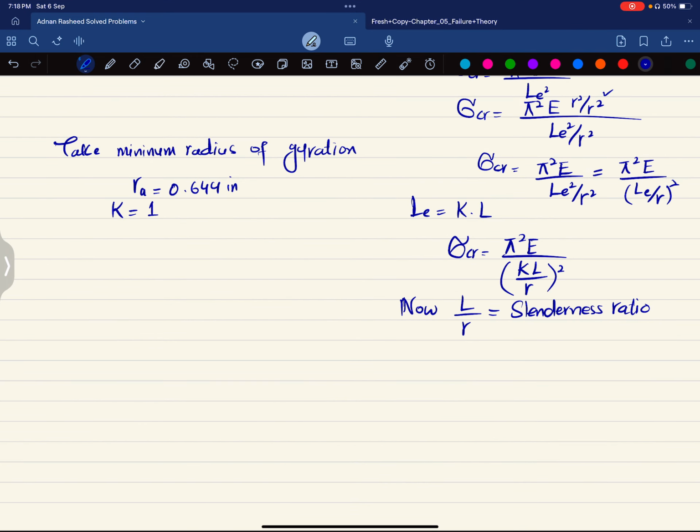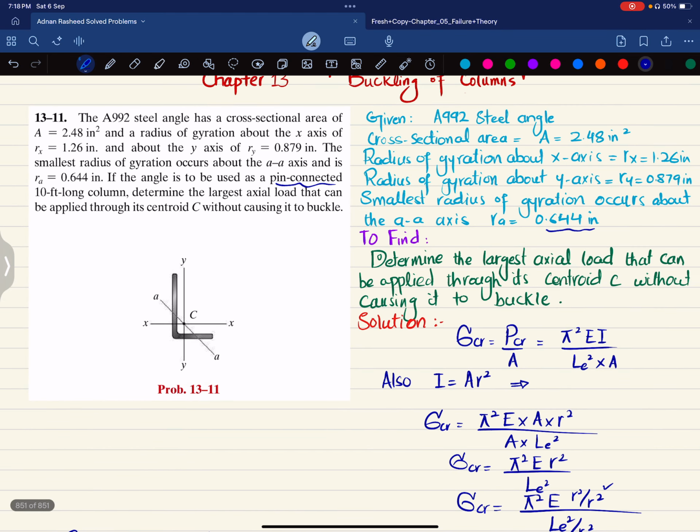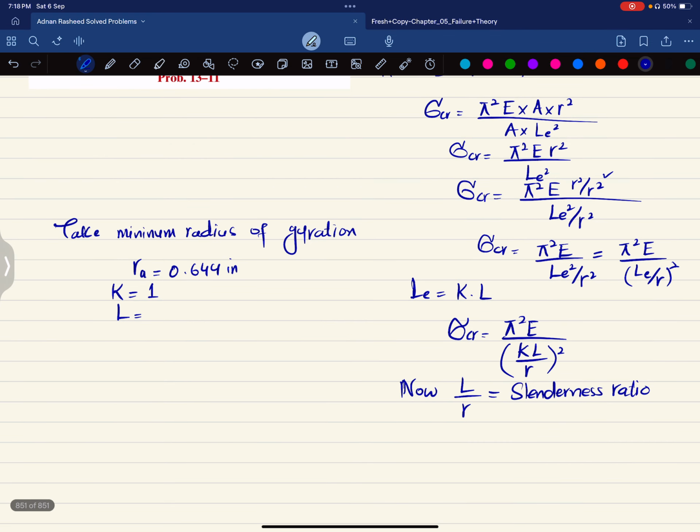Also, what is the length? Length is given as 10 feet, and we know that 1 foot is equal to 12 inch. So 10 multiplied by 12 gives 120 inch.